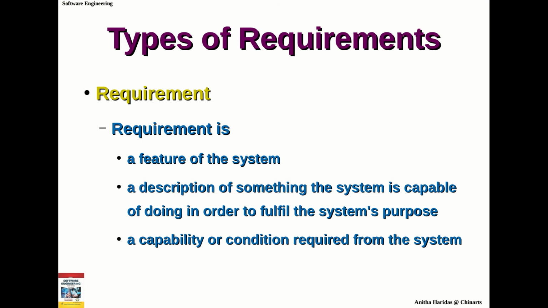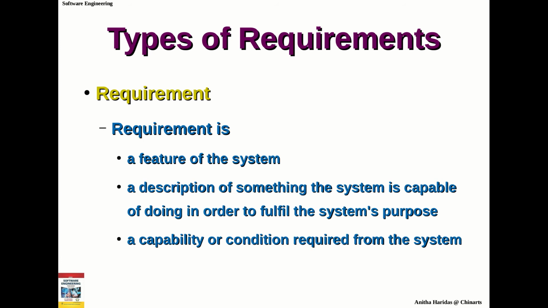Feature of the system: let me say, if you want to have a college management system, one of the features of the college management system can be the admission process or online application. That can be called one of the features of the system. Online application and payment can be called a feature of the system.